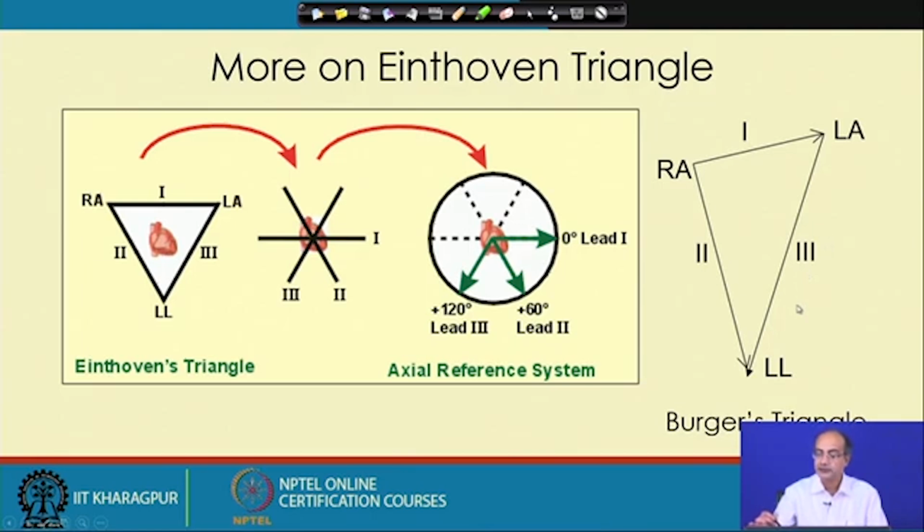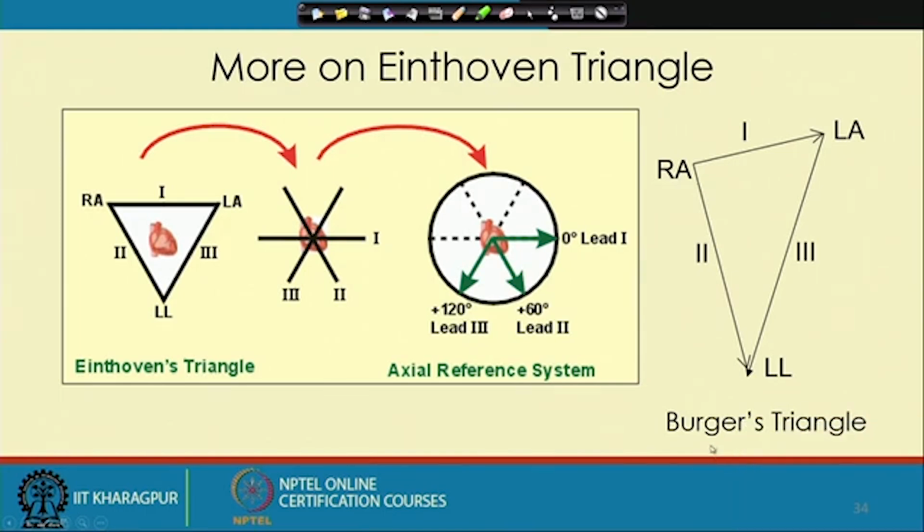Now, this is known as Burger's triangle. It is named after the inventor who corrected this error. So, now instead of the Einthoven triangle, we refer to the Burger's triangle.